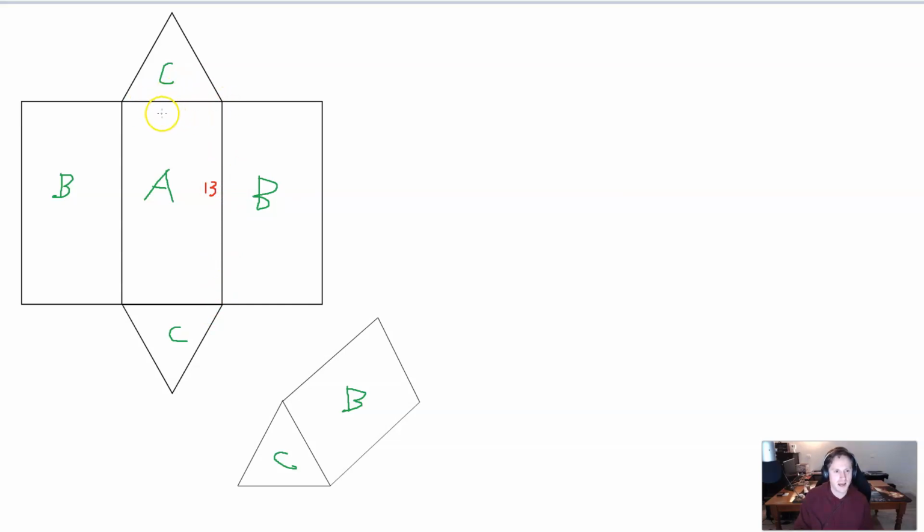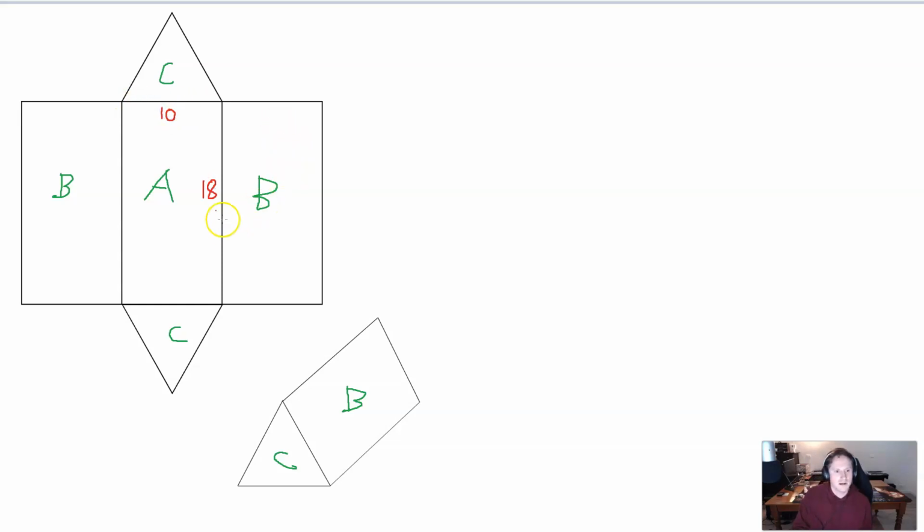Let's say 16. Actually, I won't do 16 because that makes it seem a bit bigger. Let's go 8. Actually, I'm going to make the whole thing a little bit bigger. I'm going to go 18 and I'm going to go 10, going across.